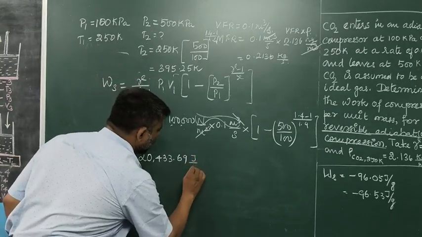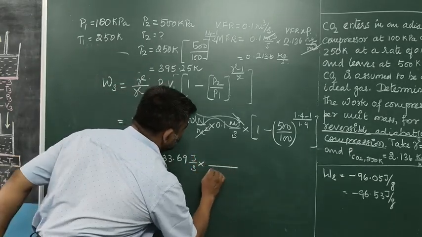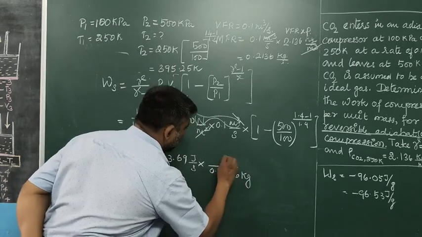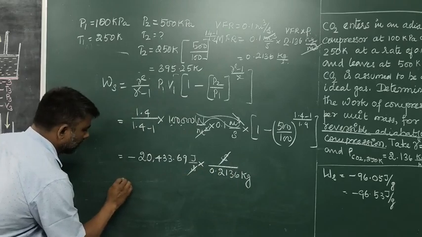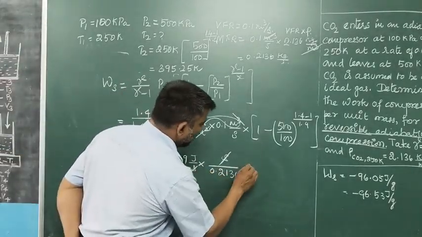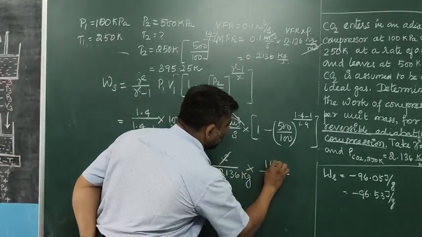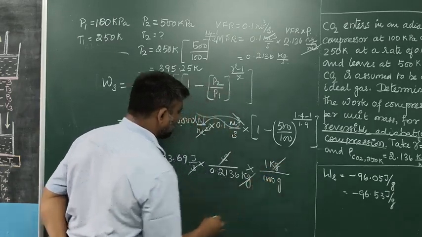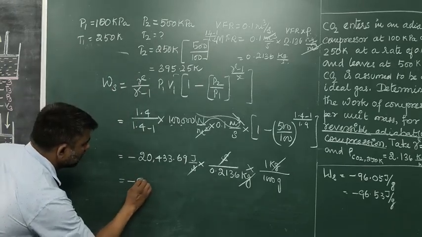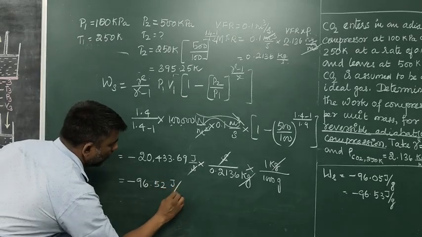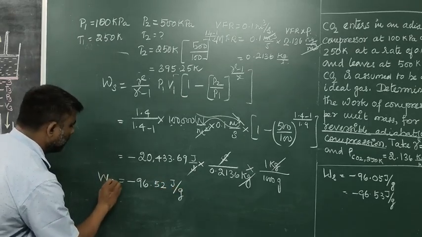Joules per second into 1 over 0.2136 kg per second. Second term gets cancelled. In order to cancel kg, 1 kg is equal to 1000 grams. Kg gets cancelled. The answer is minus 96.52 joules per gram. This is method 3.